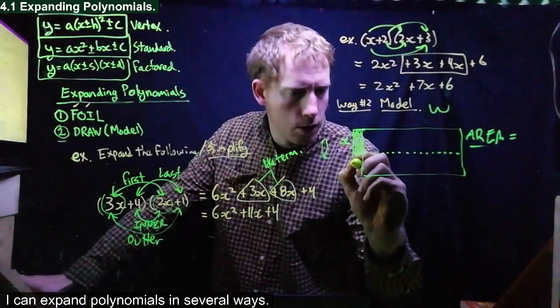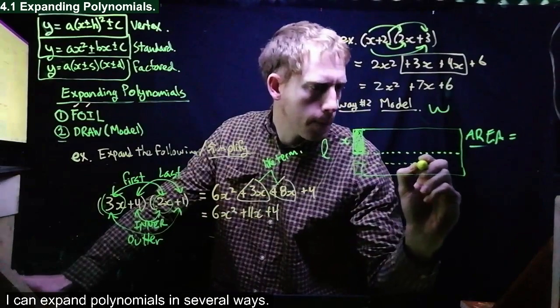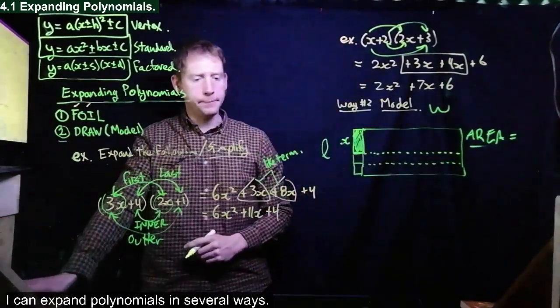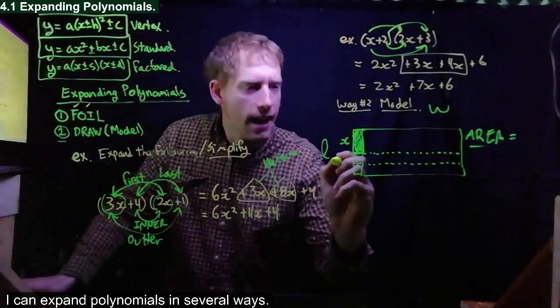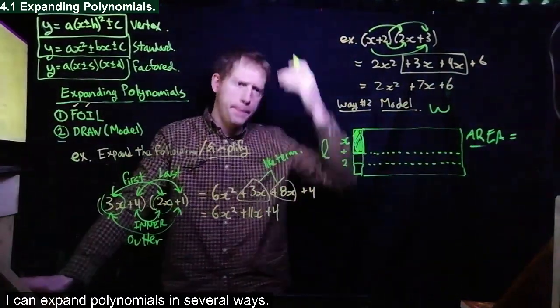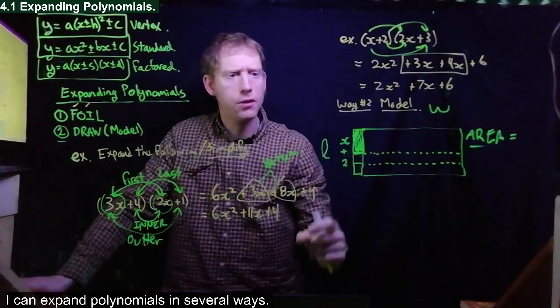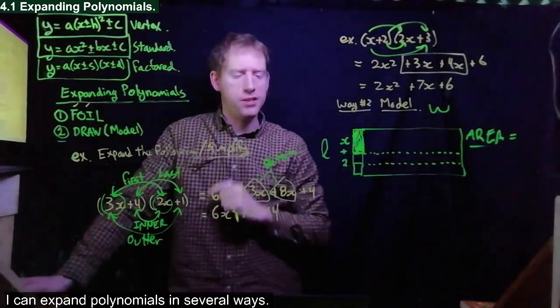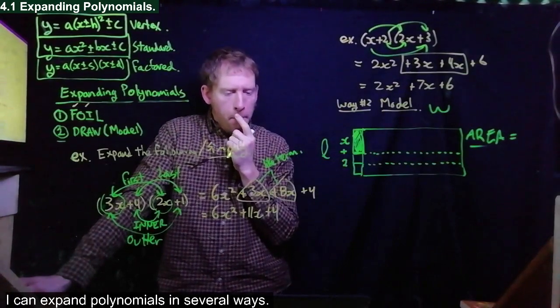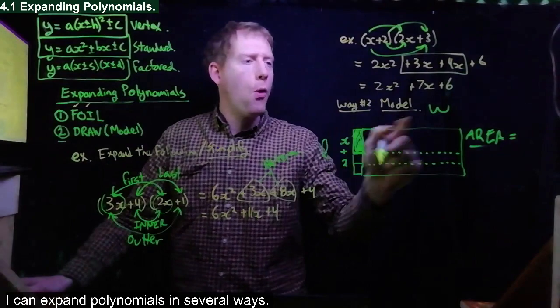I'm going to put 2 little boxes right here, 1 and 2. Put a dotted line. This is x plus 2. x is going to be some sort of distance, and then we plus 2 units.